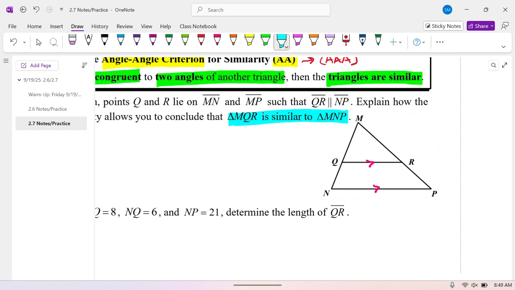Now, we don't know what those angle measures are yet. We're not going to make anything up. But what could we use, that we learned back in 2A, that can help us figure out if the angles are congruent? Give me a hint, 2.3. What was 2.3 all about?